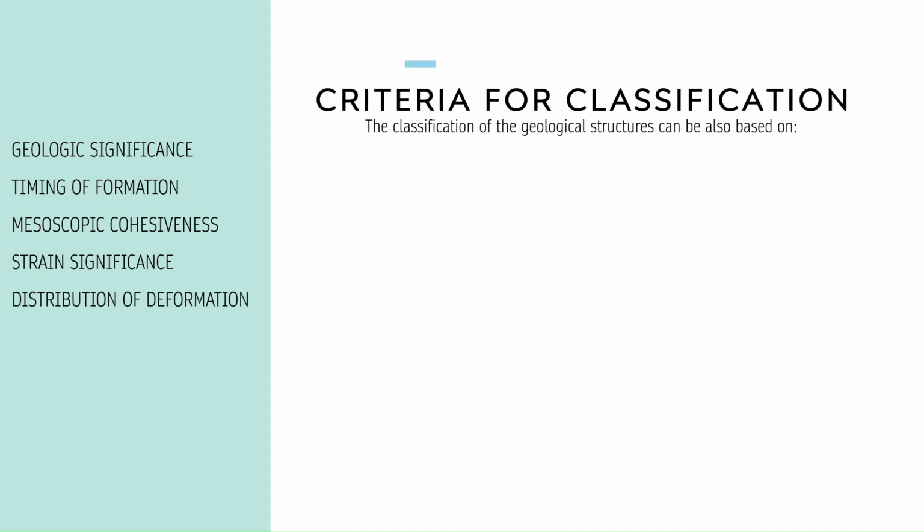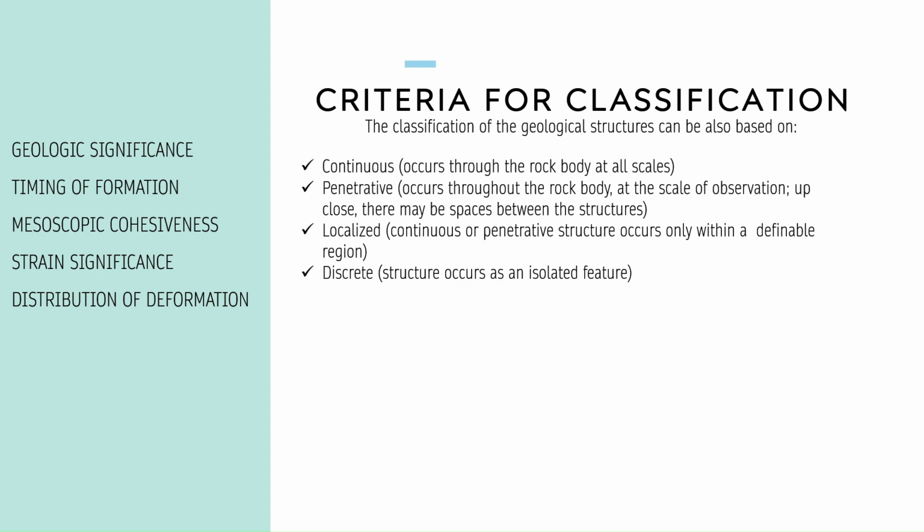Then we do have distribution of deformation, that is, at some location or some part of the rock, maybe it will deform, while the other portion may not be disturbed. So this sort of criterion can be used for structural classification, and they are continuous, penetrative, localized and discrete. As you know, continuous will be all along the rock, and penetrative will be on the surface and also inside the rock.